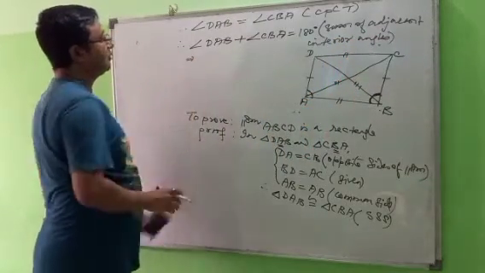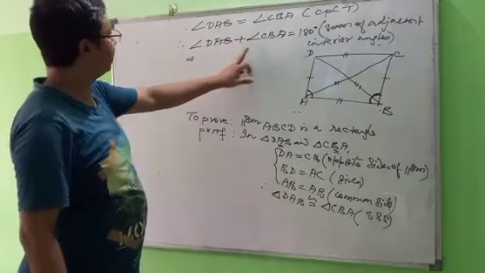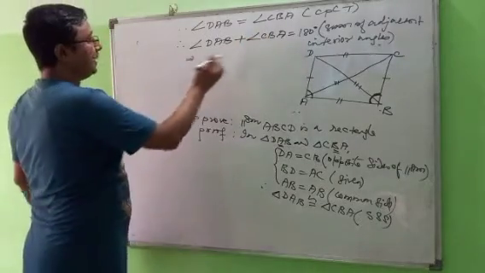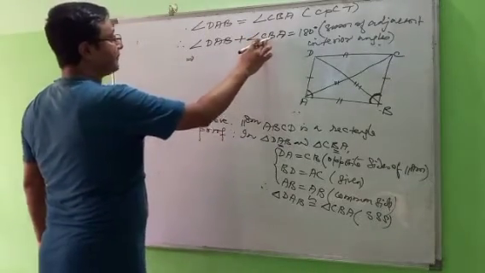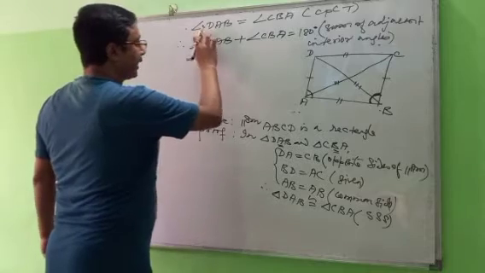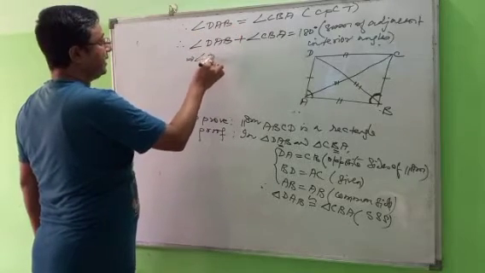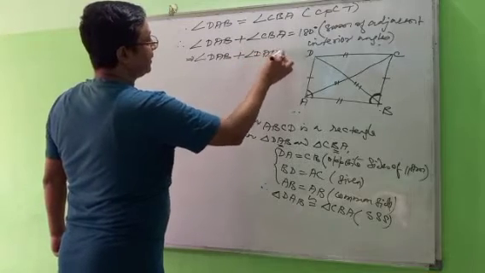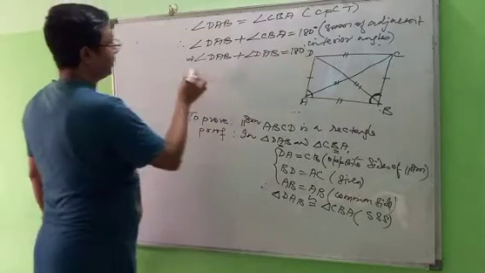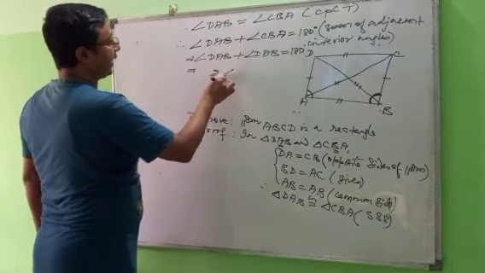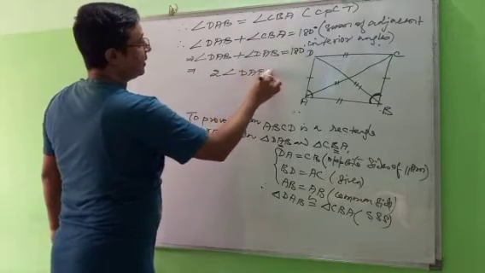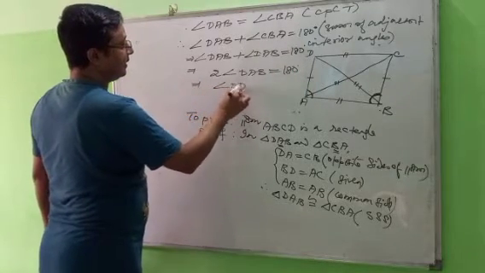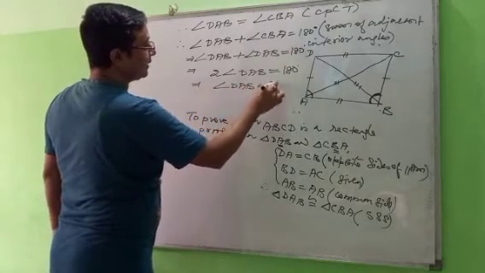Now you see, these two angles, A and B, are equal. So you can make angle CBA equal to angle DAB. So DAB plus DAB equals 180 degrees. This gives twice angle DAB equals 180. So angle DAB equals 90 degrees.